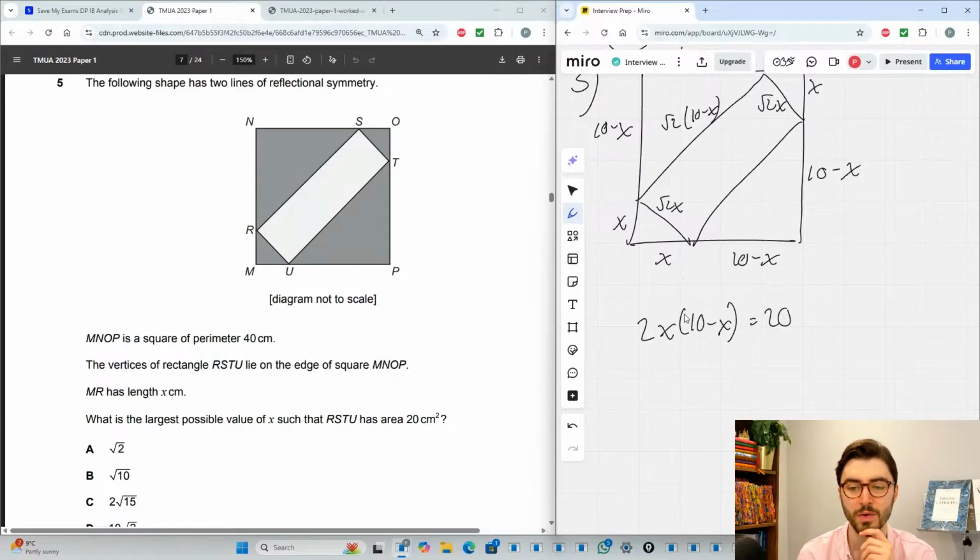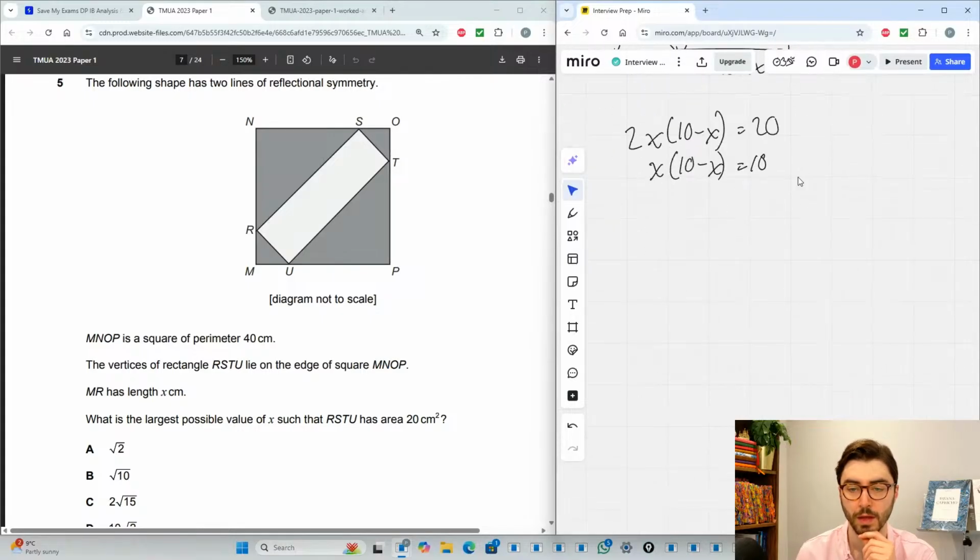So I don't know that. So let me divide both sides by 2 first of all. And that's going to give me minus x squared plus 10x equals 10.